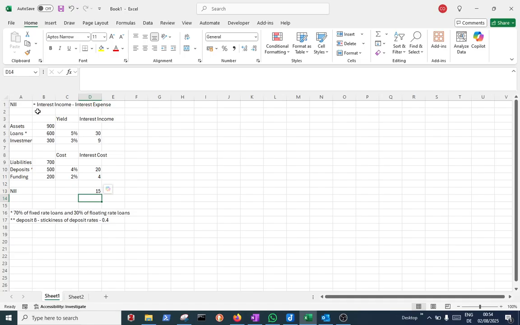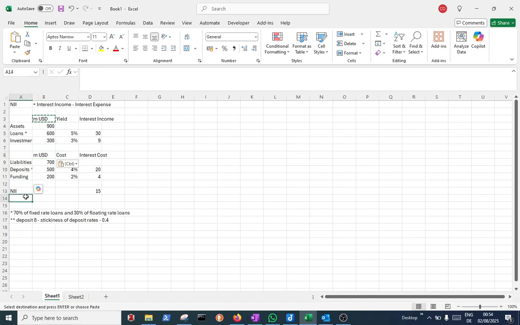And now we have 15 million. Let's write it down here. I think I have just extinguished the values. It's also very good to write the currency. Looks more professional.